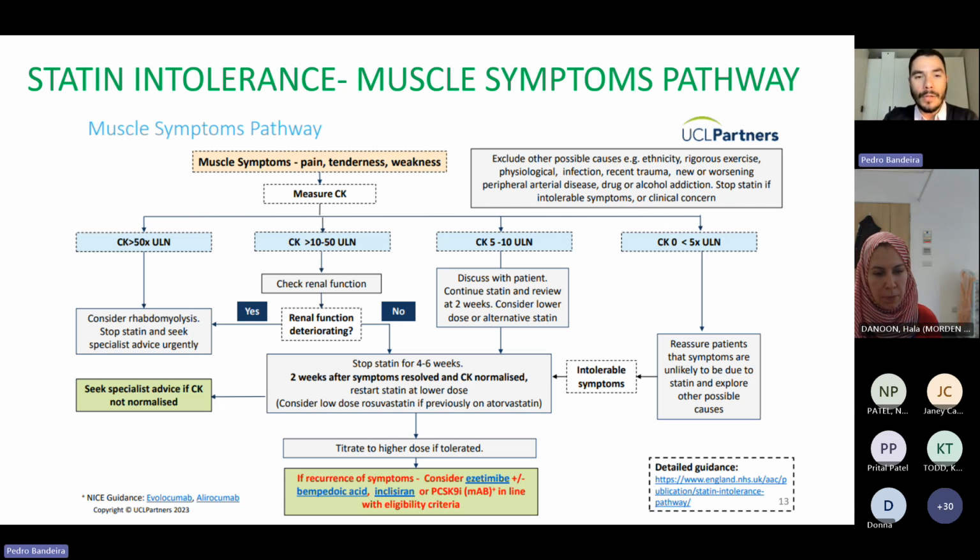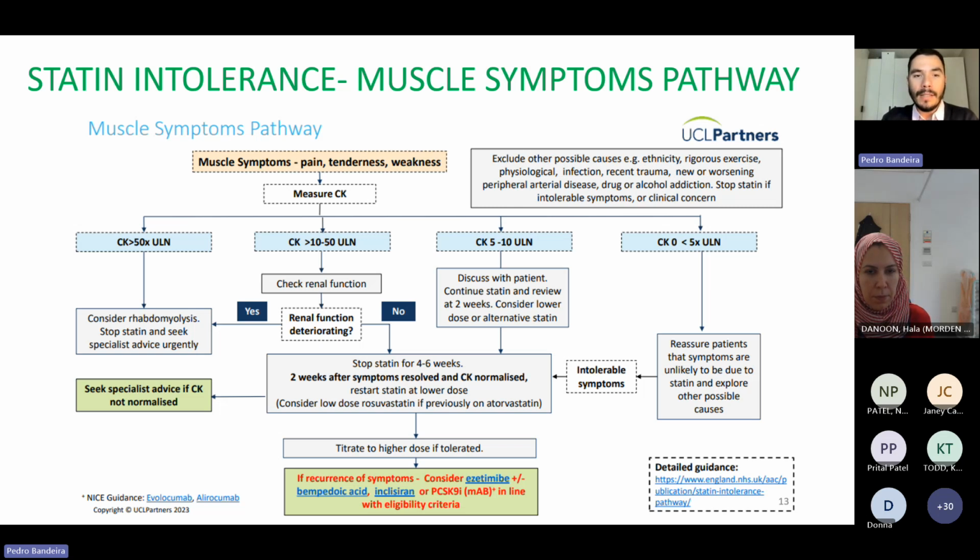And when you're dealing with statin-associated muscle symptoms, it's always useful to consider other types of statins as well, because the tolerance depends on specific patient characteristics and age and other factors.